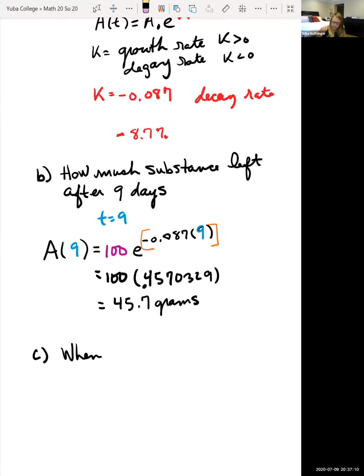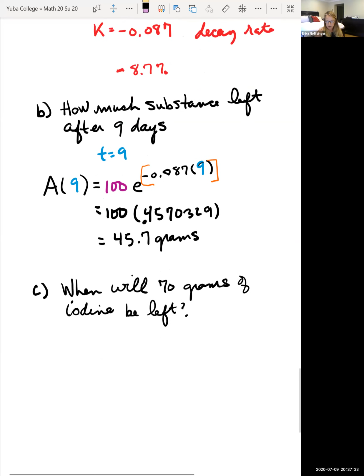When will 70 grams of iodine be left? Okay, so this time we know what our amount is, and we want to find t.